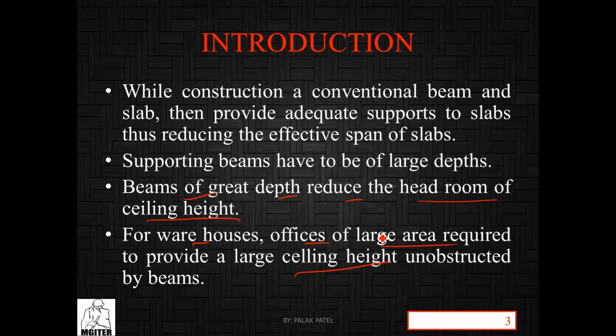So as the distance between columns increases, the slab size increases, and if slab length and width increase, the load increases, and increased load means increased beam depth. So at that time, in warehouses and offices, we provide a flat slab to reduce the beam height, right?